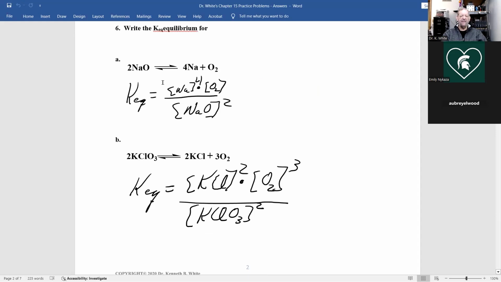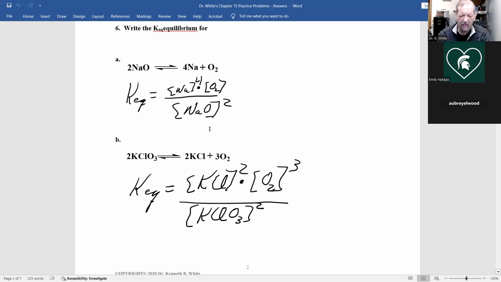And if we look at number 6A, write the equilibrium constant for this reaction. The two products are sodium and O2. So we put in the brackets, the coefficient is 4, times oxygen, O2, in the brackets. Now, when there's no coefficient, that means 1, which is what I have here. You don't show it.